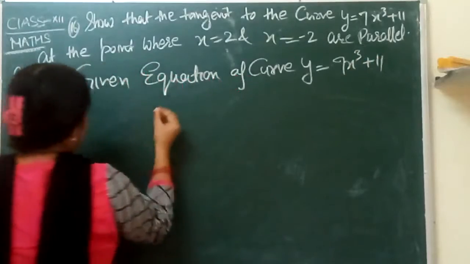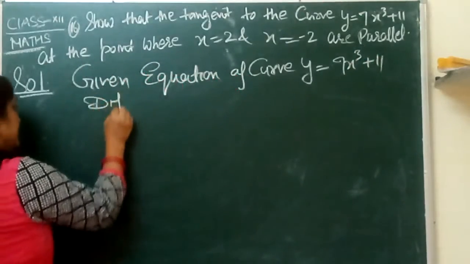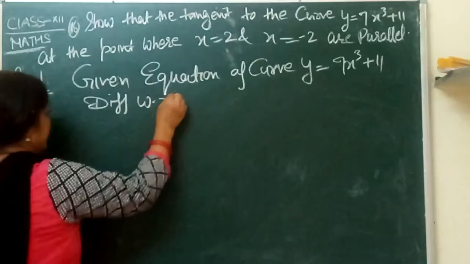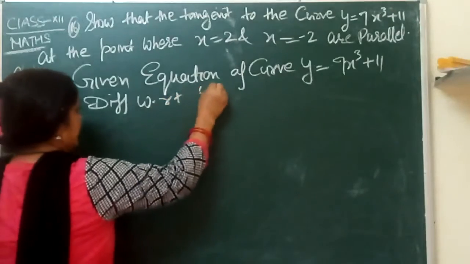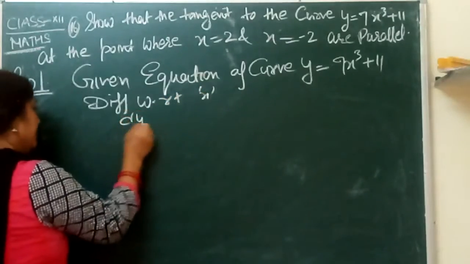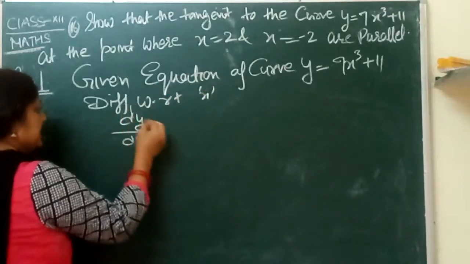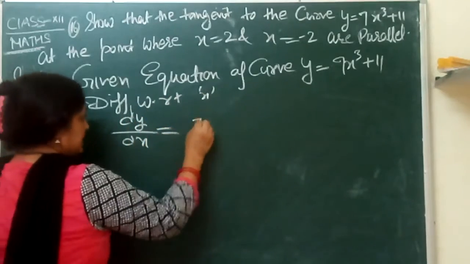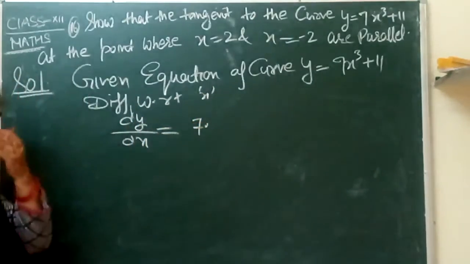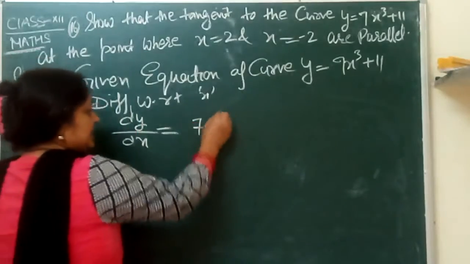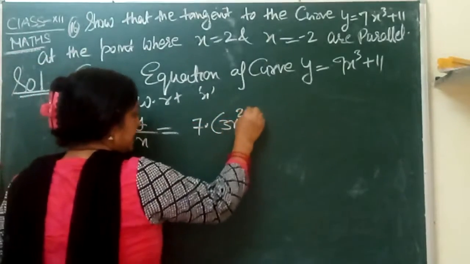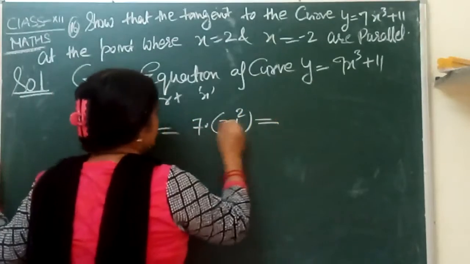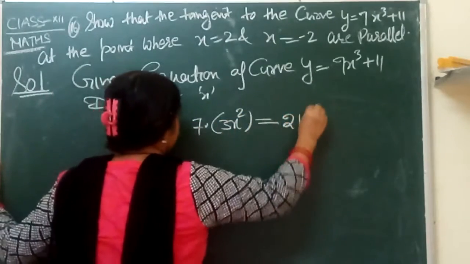Now differentiate with respect to x. It will come dy upon dx is equal to 7 as it is constant, and derivative of x cube is 3x square, and you know that derivative of constant term is 0, so it will come 21x square.